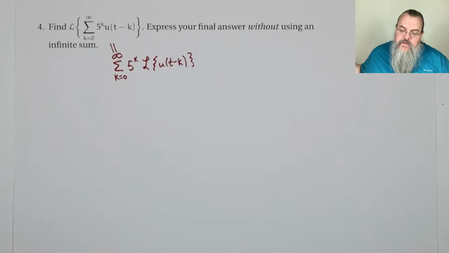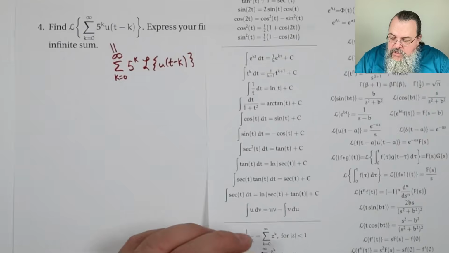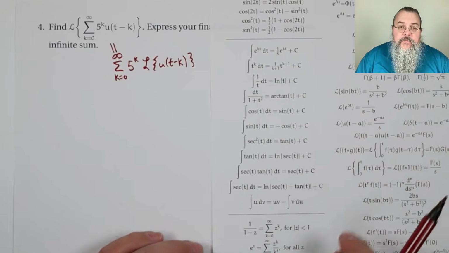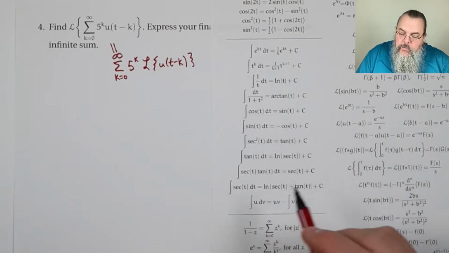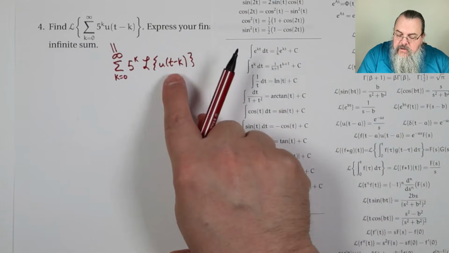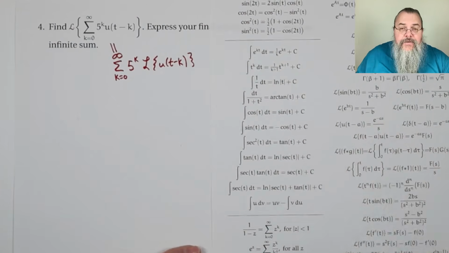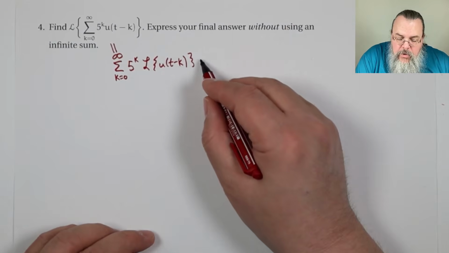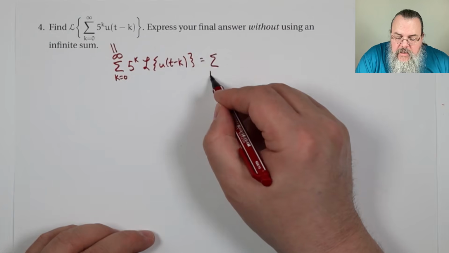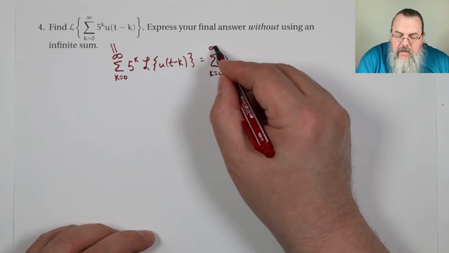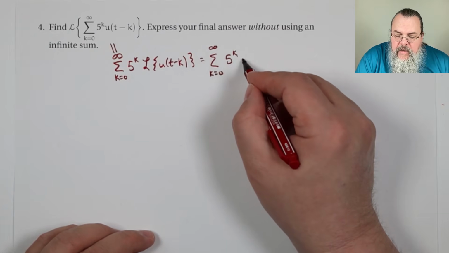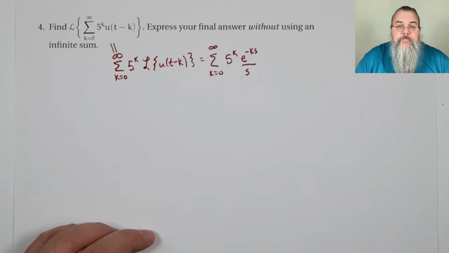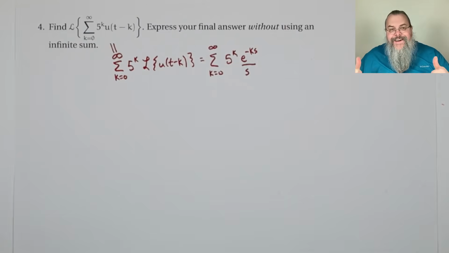And we grab our formula sheet. It's a very nice formula sheet. And we say, u of t minus a, e to the minus as over s. So we just say, okay, u of t minus k, e to the minus ks over s. All right, so we say this becomes our sum, k equals 0 to infinity, 5 to the k, e to the minus ks over s. All right, nice.